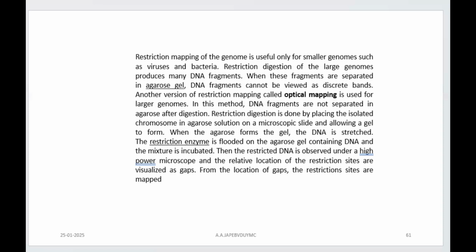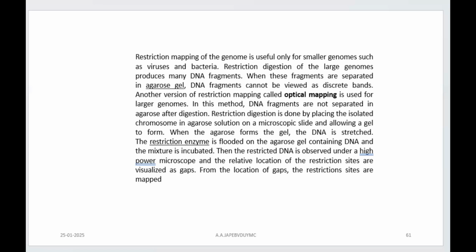Restriction digestion is done by placing the isolated chromosome in agarose solution on a microscopic slide and allowing a gel to form. When the agarose forms the gel, DNA is stretched, right? And the restriction enzyme is flooded on the agarose gel containing the DNA and the mixture is incubated. Then the restricted DNA is observed under a high power microscope and the relative location of the restriction sites are visualized as gaps.